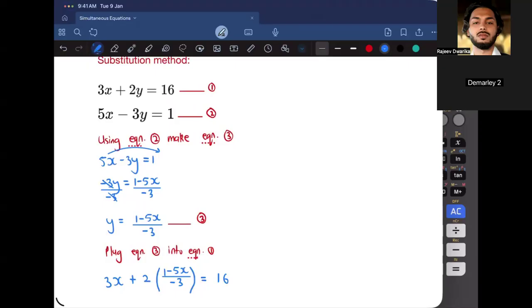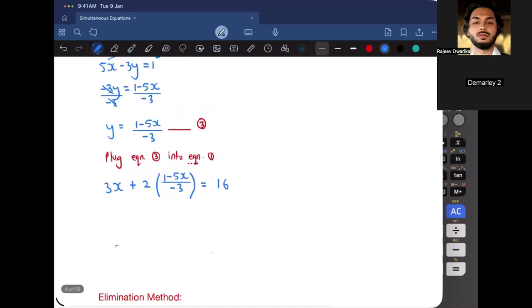Do we like working with fractions? No. So what should we get rid of everywhere? What's in the denominator? The negative 3. So I should probably multiply everything by minus 3. What is 3x times minus 3?